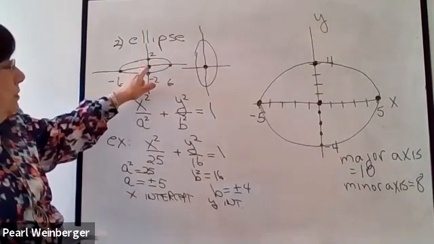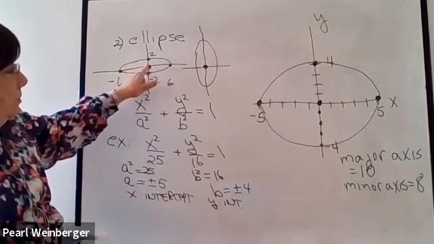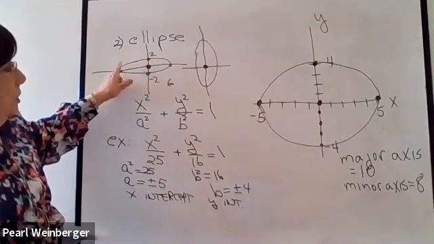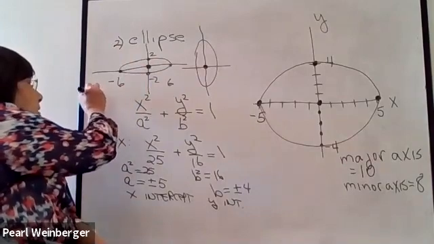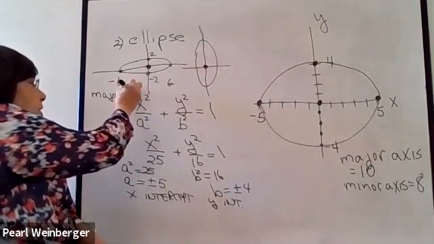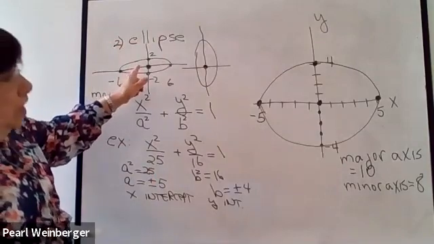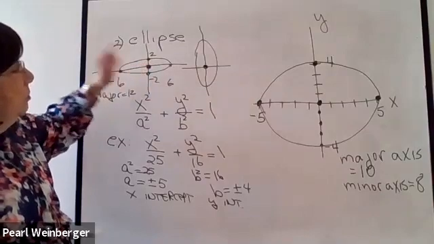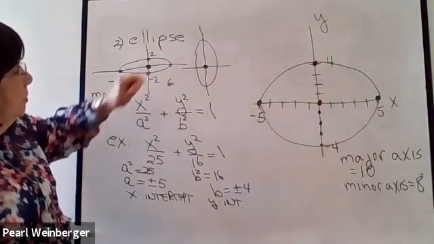Now, for the major axis, if you're starting at the origin, at 0, you're going 6 to the right and also 6 to the left. So the total length of that major axis would have to be 12, because it's going from -6 to 6. We're not asking how much it is from the center, but how much it is from one point to the other point.